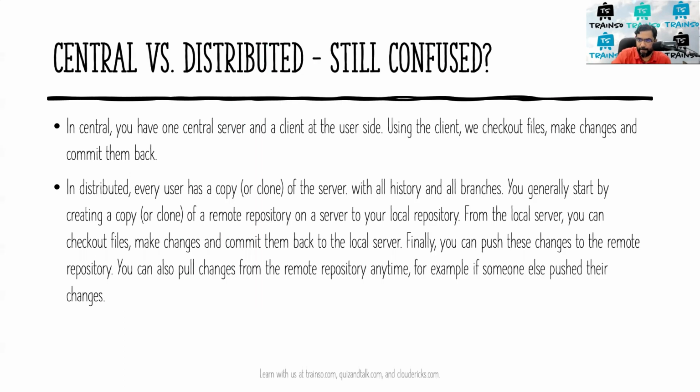Checkout means you are getting the code from this branch, either the main branch or your feature branches, into your work environment. And after checking out, you will make changes to these files, and then you will do a process called a commit.